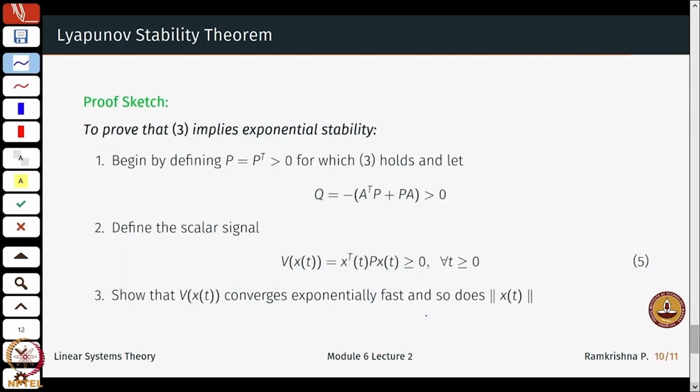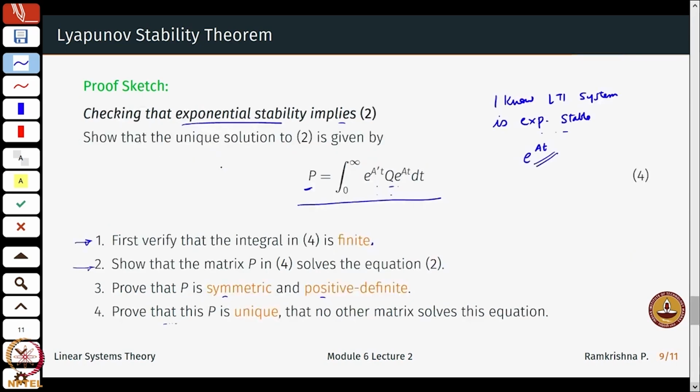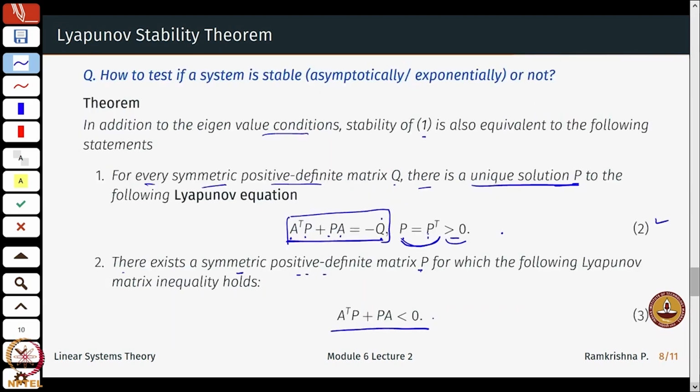So what are the proof steps? It might look a little tricky, but we will do it one by one. We will show that whenever this expression holds, it will imply exponential stability. So we will assume this to be true.